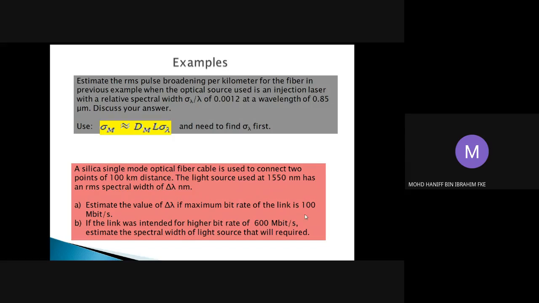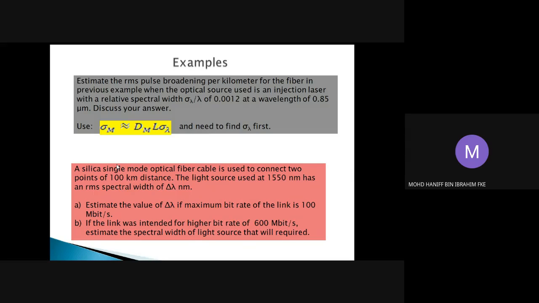So the sigma we get is the sigma due to material dispersion. From this sigma we can find the spectral width, provided that we know the value of Dm. The value of Dm can be obtained because this is a silica fiber, so we can use a special equation to calculate Dm.